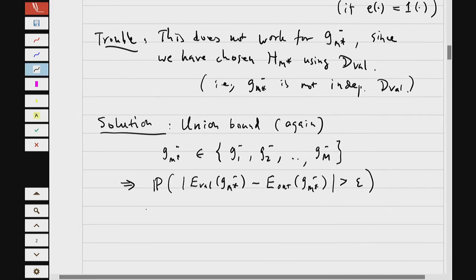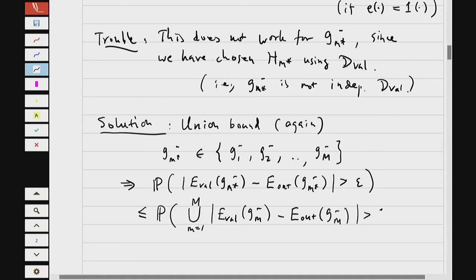This is less than or equal to the probability of the union over m equal to 1 to M of the event that E_val of g_m minus minus E_out of g_m minus is greater than epsilon.